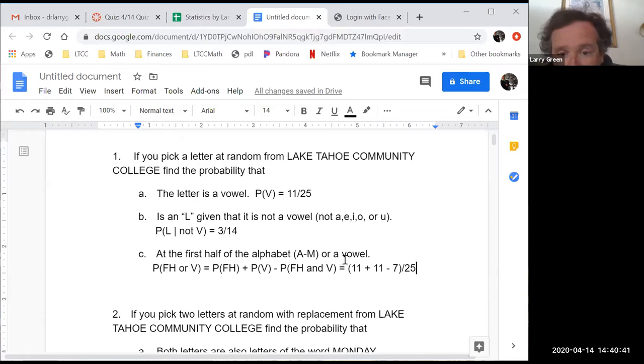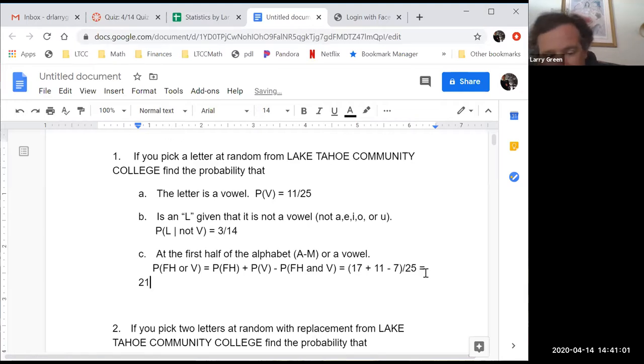Yeah, that is 17. Sorry about that. Much better. Yeah, I missed College. Okay, and what is 17 plus 11 minus 7? 21. So that's going to be 21 over 25. Counting could be hard, actually.